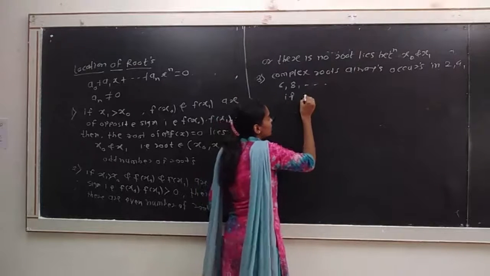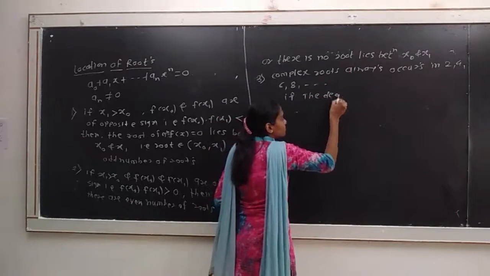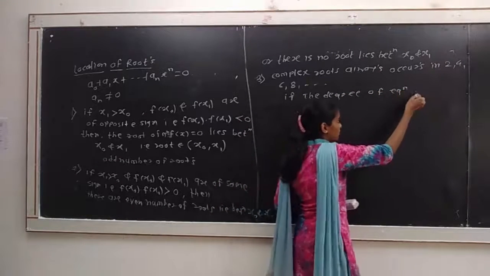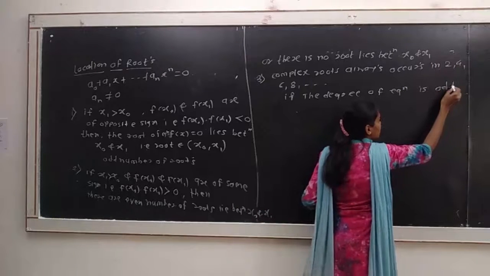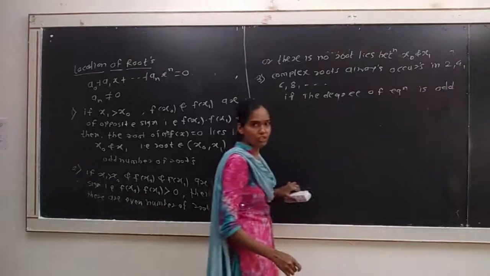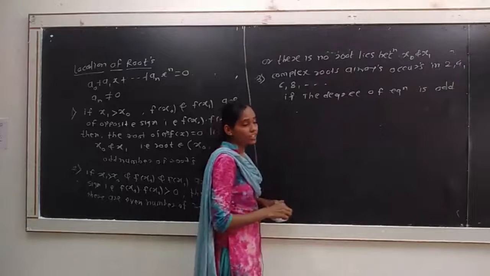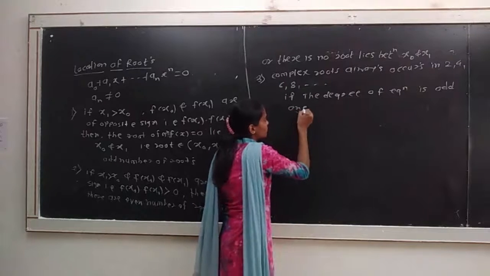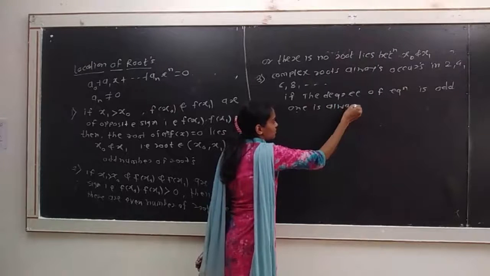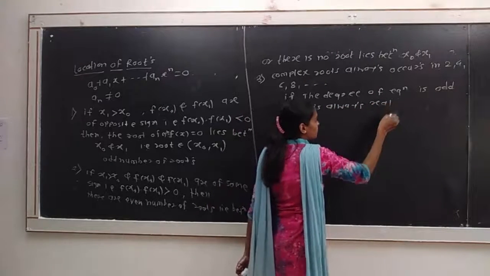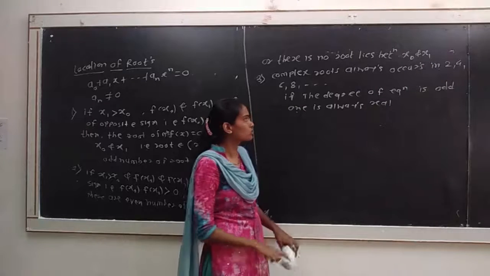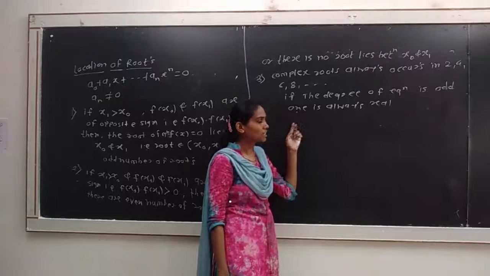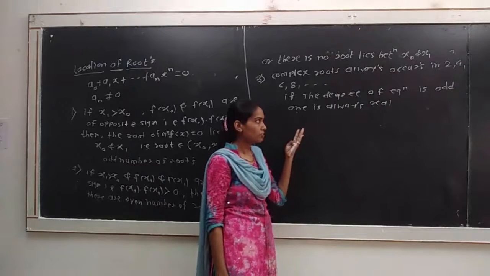So if the degree of the equation is odd and the given equation has complex roots, then one root is always real. And if the roots are real, then they may be distinct or repeated roots.